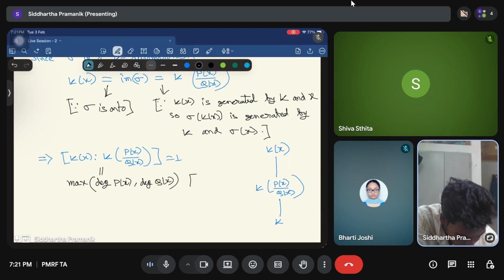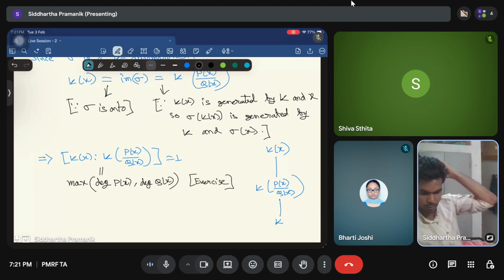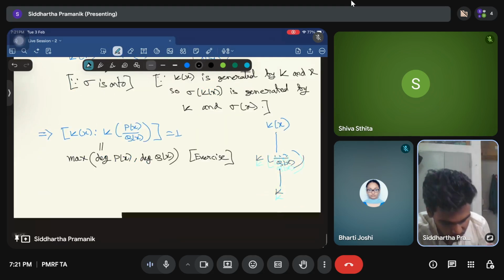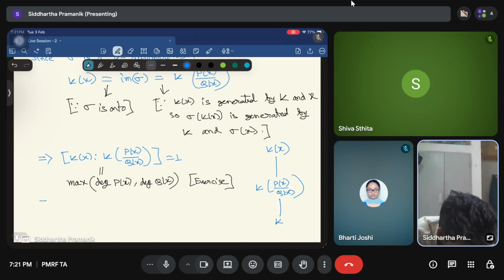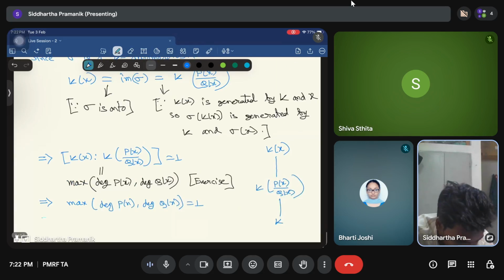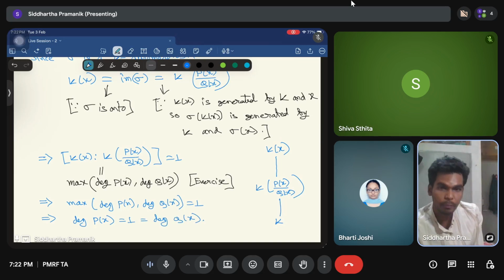This part is an exercise for you, it is not difficult. If you are not able to do it, then just let me know in the next tutorial class maybe. So this means the maximum of degree p(x) and degree q(x) is 1. So both degree p(x) and degree q(x) are 1. So these are degree 1 polynomials.